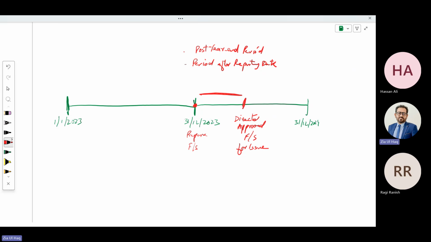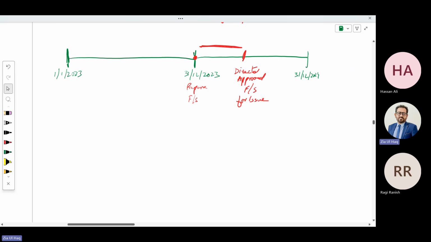For this period, there are some responsibilities of directors relating to financial statements for IAS 10. What are their responsibilities? If any event happened between this period, director need to identify whether that event is an adjusting event or non-adjusting event.